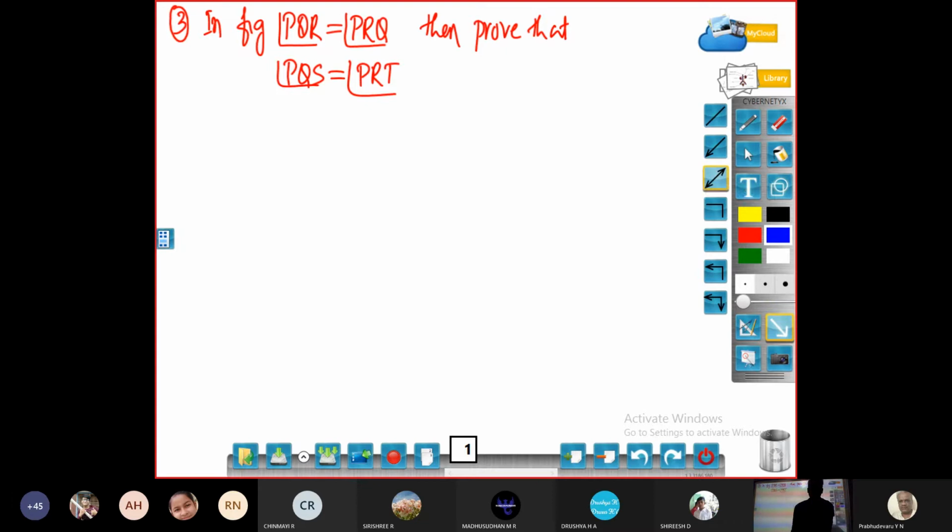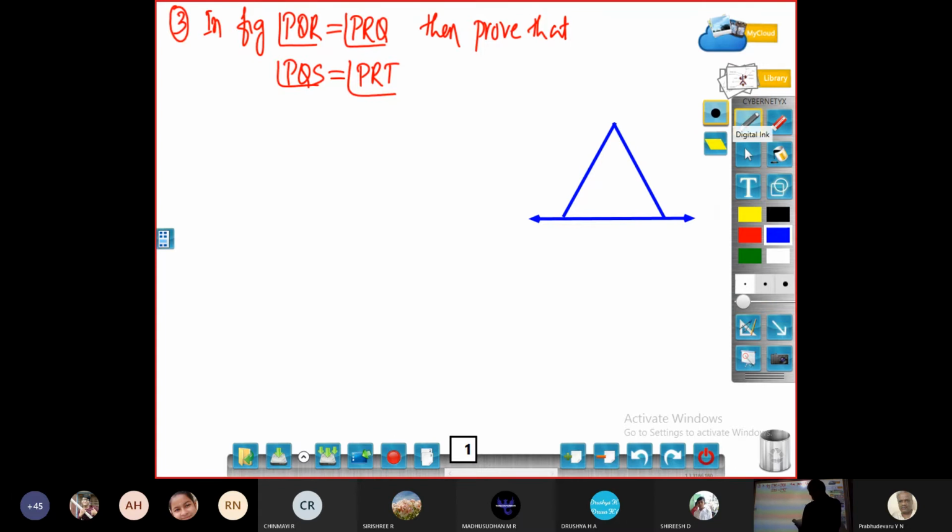On a line, ST is a line. Then we have a triangle PQR here. So we can call this as point P. This is Q and this is R. ST is a line.